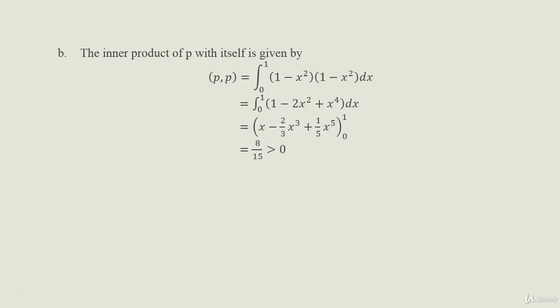Now integrating this, we get x minus 2 by 3 x cube plus 1 by 5 x^5 from 0 to 1. After solving this, we get 8 by 15, which is greater than 0. Hence we have verified the part B.